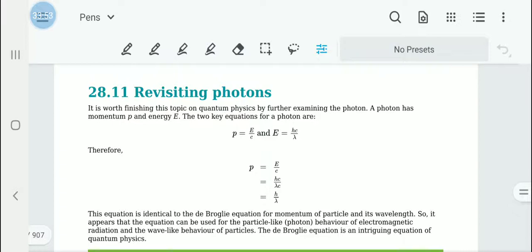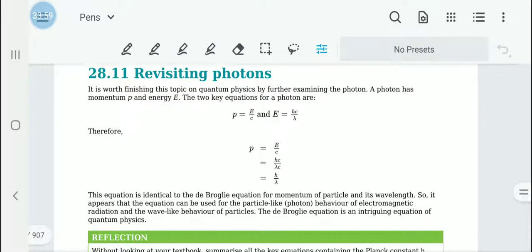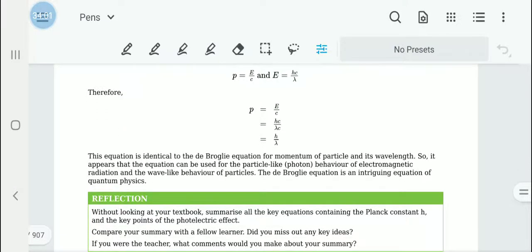Therefore, p equals E upon c, or hc upon lambda c, or h upon lambda. This is identical to the de Broglie equation for momentum. Therefore, it can be used for particle-like behavior of electromagnetic radiation and wave-like behavior of particles.